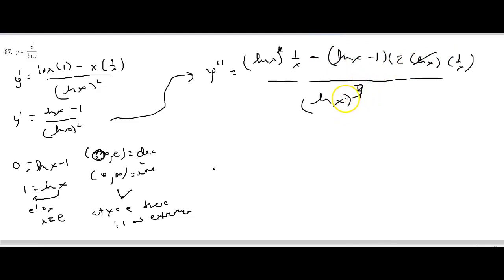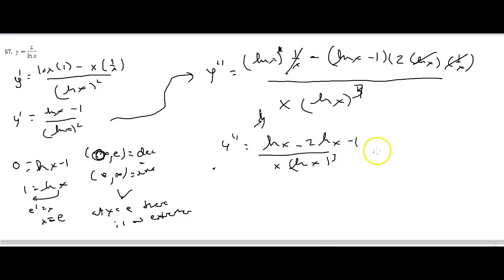I've got an x in this expression and an x in this expression, so I'm going to drop those down to here. And I get y double prime equals ln of x minus 2 ln of x minus 1, all over x ln of x to the 3rd power.